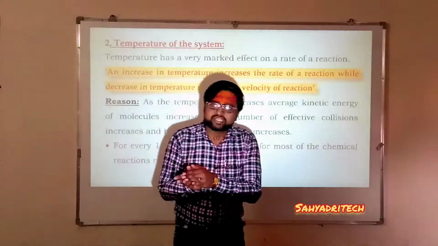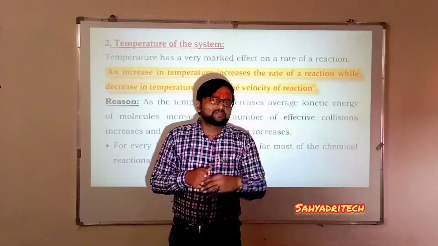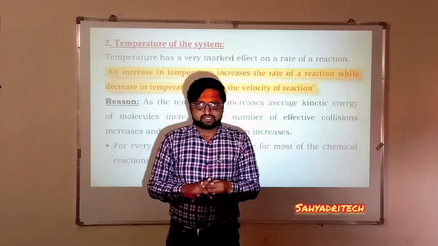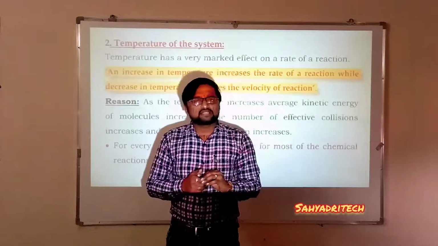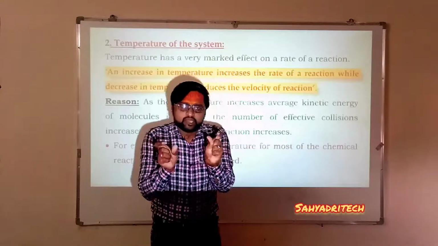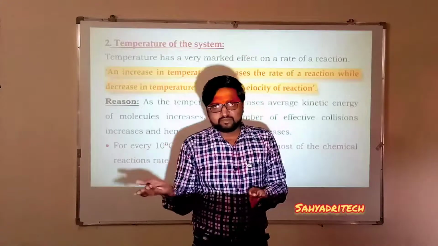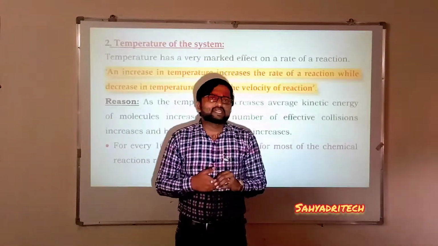say a reaction is carried out at 25 degrees Celsius and the same reaction is carried out at 35 degrees Celsius. Well, we measure the rate in both cases, at 25 degrees Celsius as well as at 35 degrees Celsius. When we compare rates measured at these two temperatures, we get a relation here.